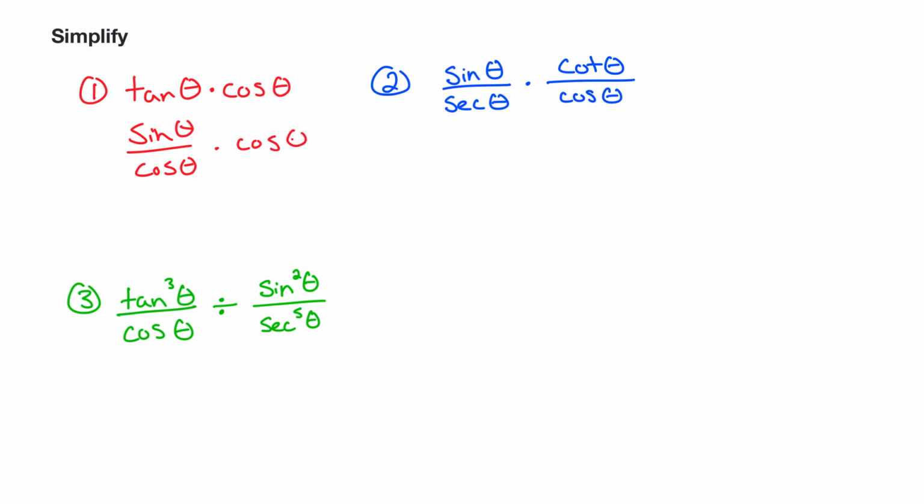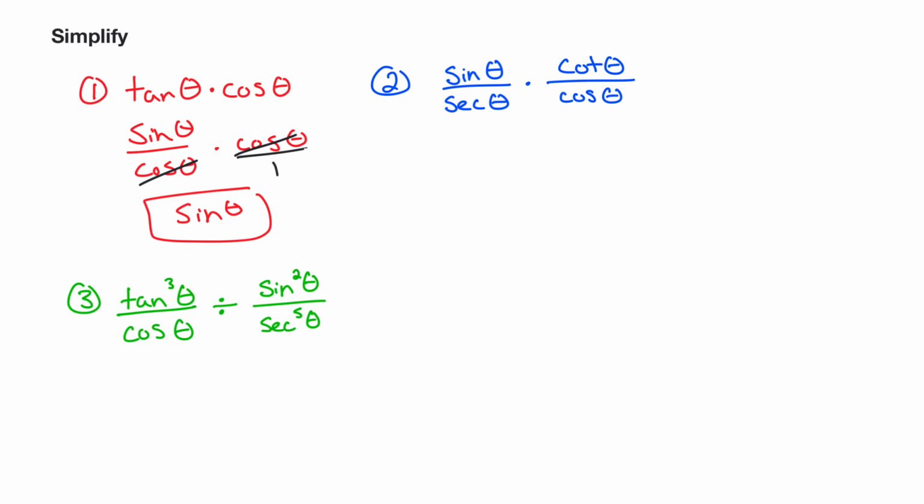And why might I want to do that? Because that's cosine of theta over 1. And whenever I have the same value on top and bottom of 2 fractions being multiplied to one another, they can cancel. Meaning that original problem, tangent of theta times cosine of theta, it would be much easier to write its simplified form as just sine of theta.